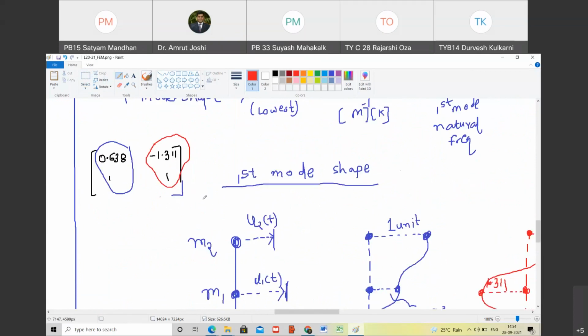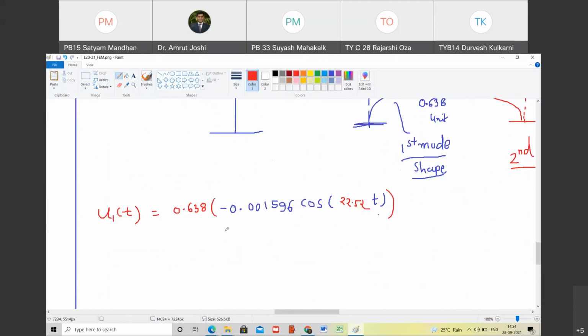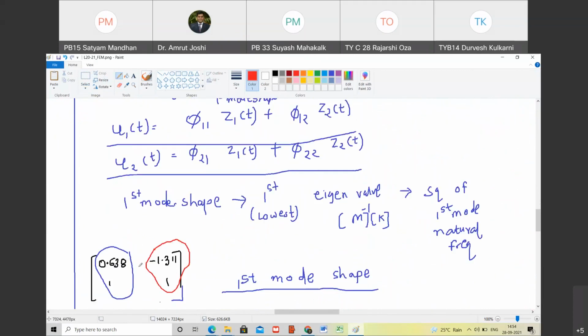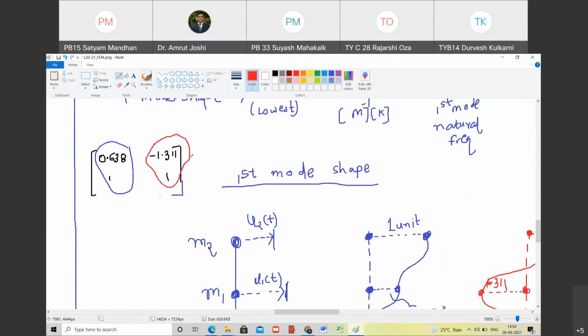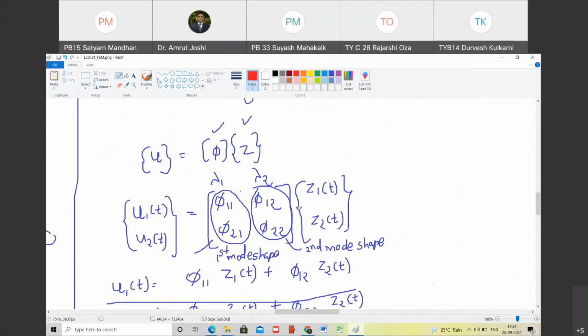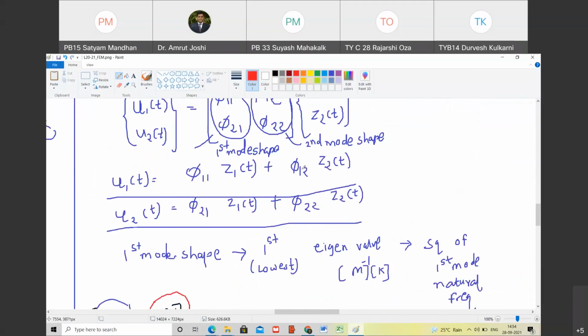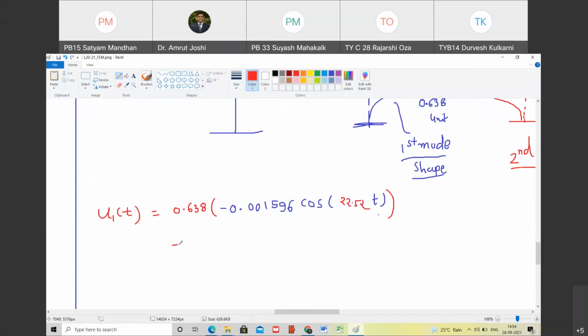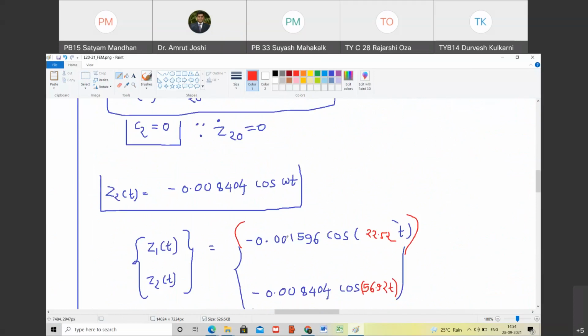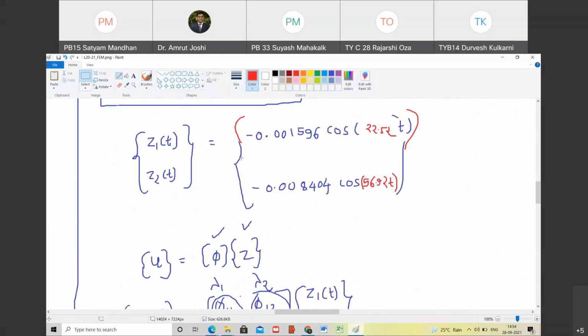U1 of t is this. Sorry, U1 of t is 0.638 into Z1 of t minus 1.31. देखो 512. So 512 is nothing but minus 1.31, right? Yes, sir. Minus 1.311 times बोलो Z2 of t. Happy? Yes, sir.